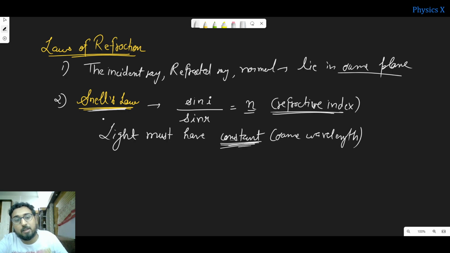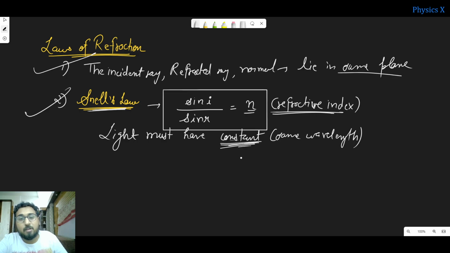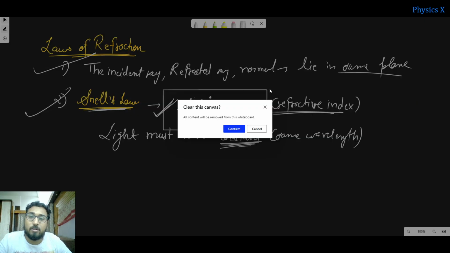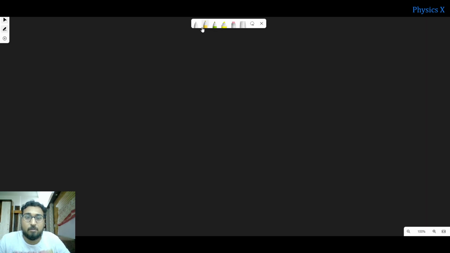So now let me tell you, these are the two laws, and this is your second law, which is a bit important, which will be used in many of the numericals also. So let us try to understand what is the angle of refraction and what is the angle of incidence when we are talking about refraction. This is your medium 1 and this is your medium 2.